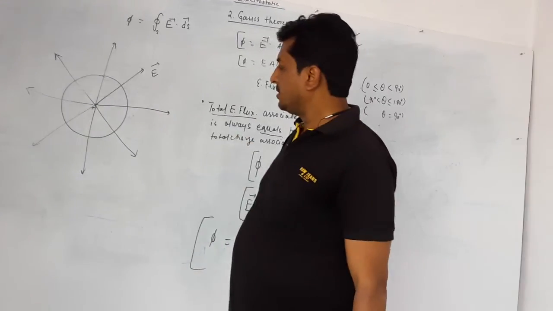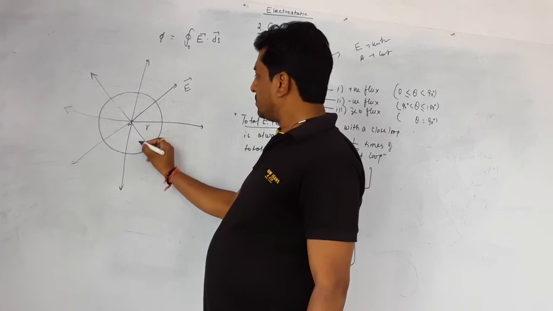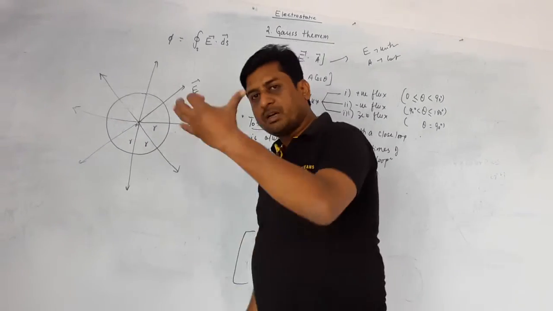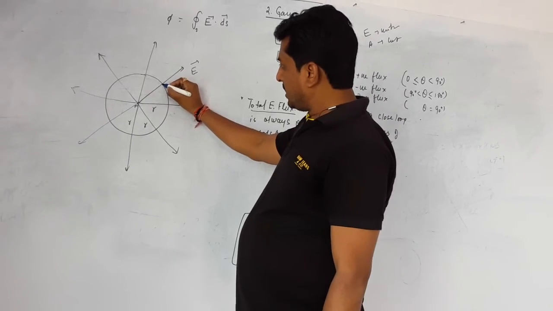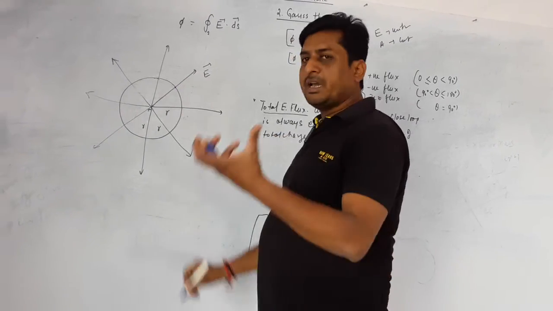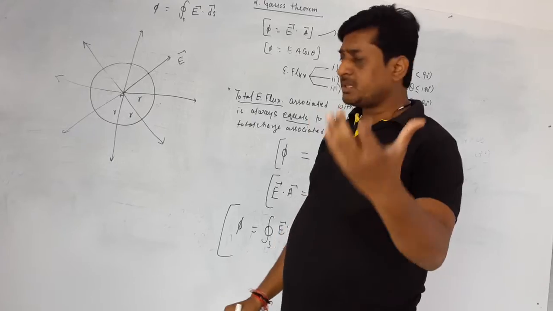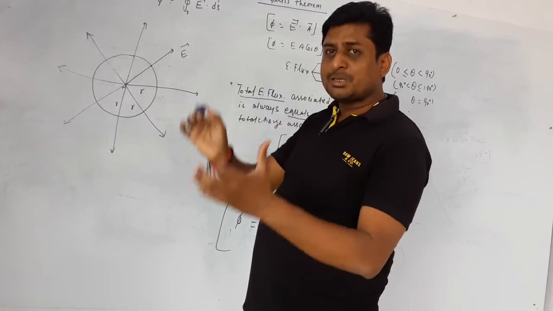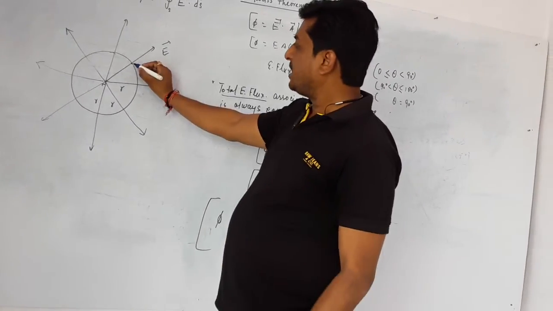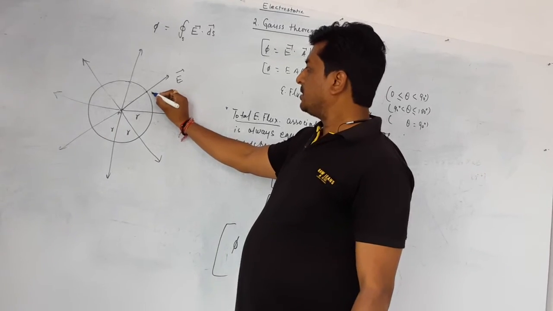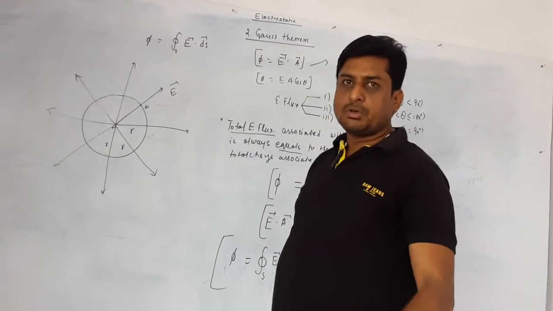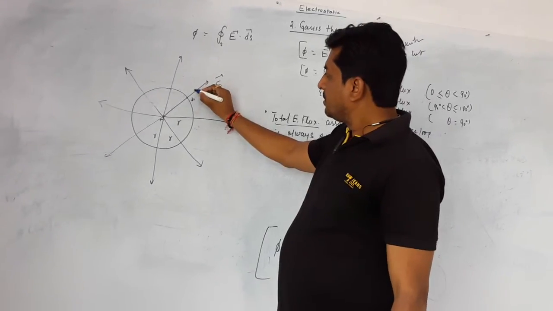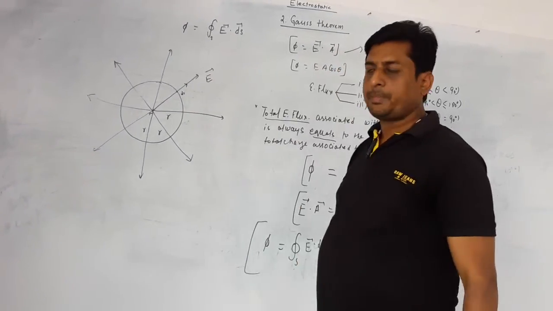Radius, suppose that r, is the radius of that spherical body. This point is taken as a small area element. It is so small that it is like a point present here. Let this small area element be ds. It also possesses direction because it is an area vector, outward direction.